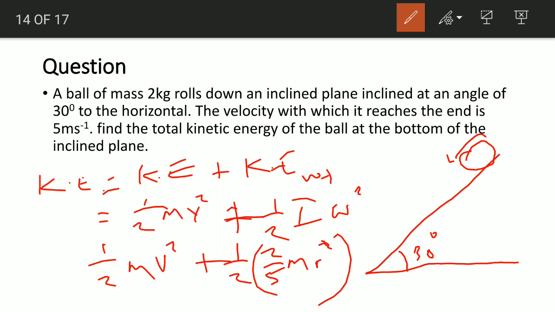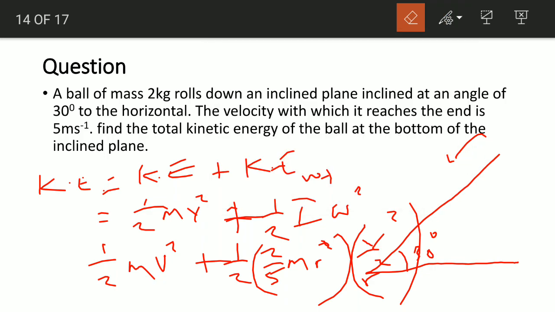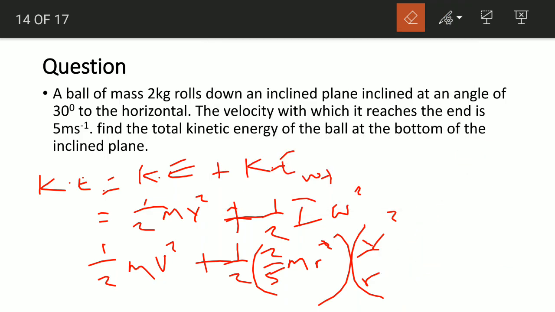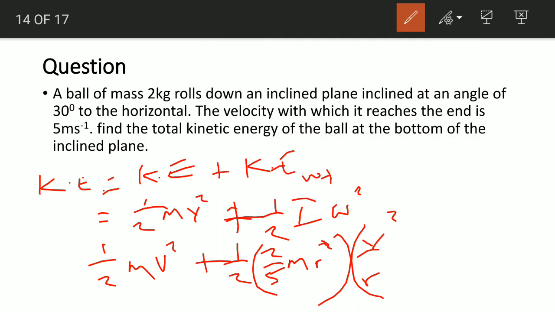Now our omega here can be written as v squared over r squared. Why v squared over r squared? Remember that v is equal to omega r, so omega becomes v over r.